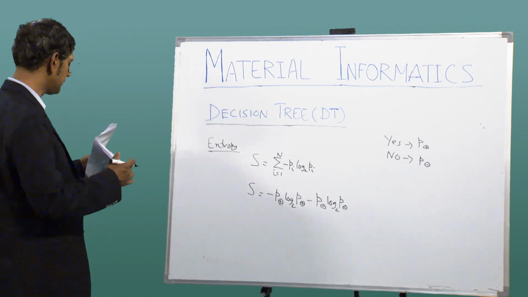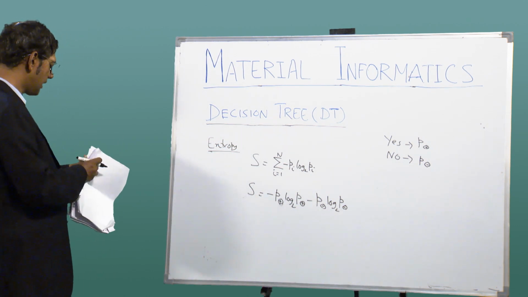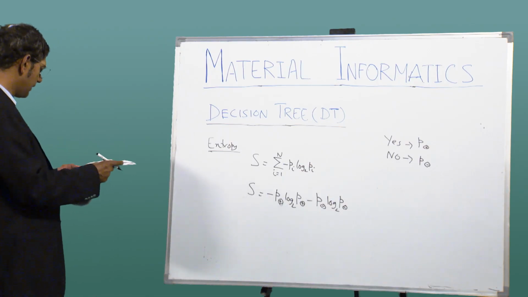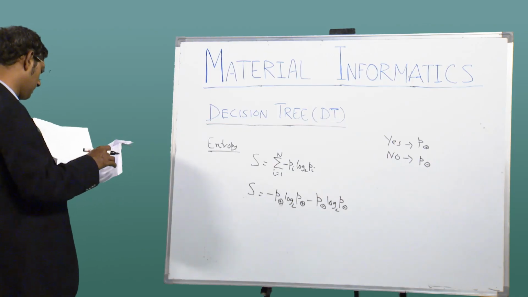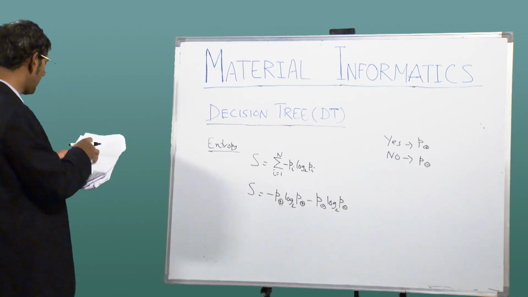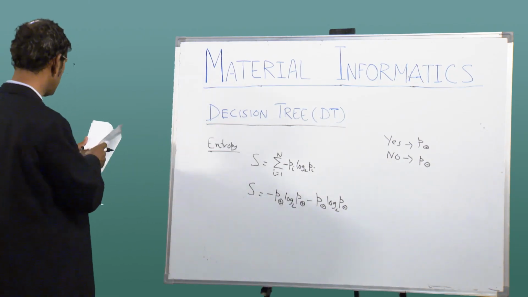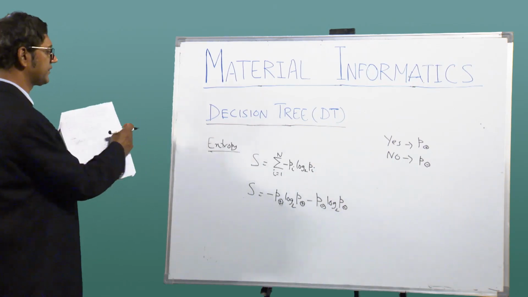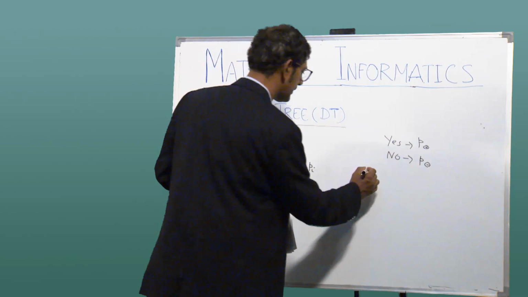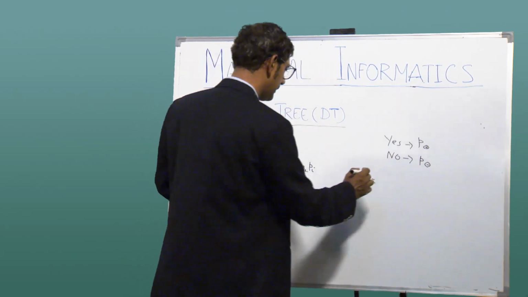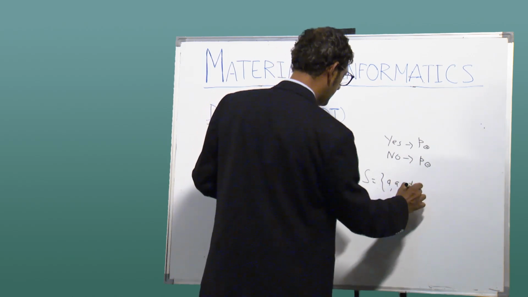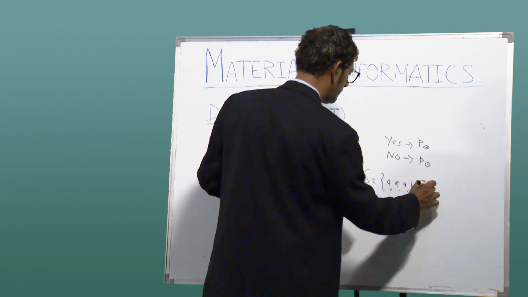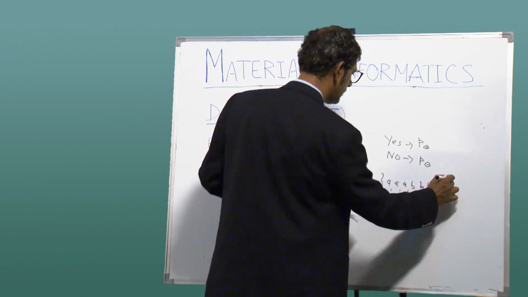To give a very simple example of how it is used, let me just tell you that. Very simple example, A, B, C, D kind of stuff. Let us say I have a set S like this: A, B, B, B, like this.